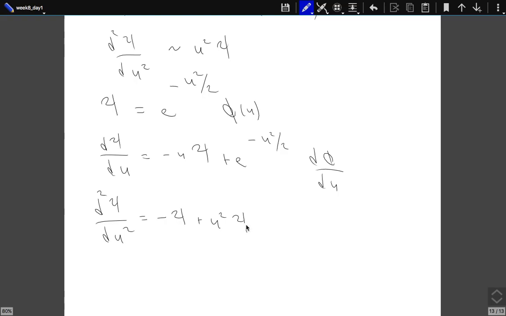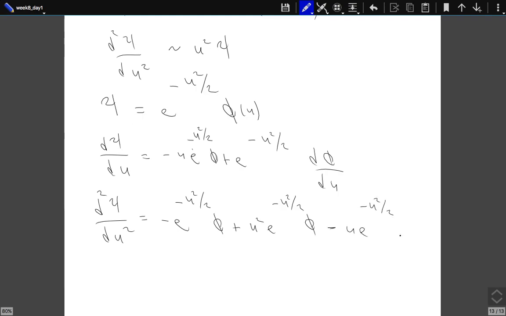No, sorry. Okay, let me not be lazy. Let me take the second derivative now. This is minus e to power minus u squared over 2 phi plus u squared e to power minus u squared over 2 phi plus minus u e to power minus u squared over 2 d phi by du.